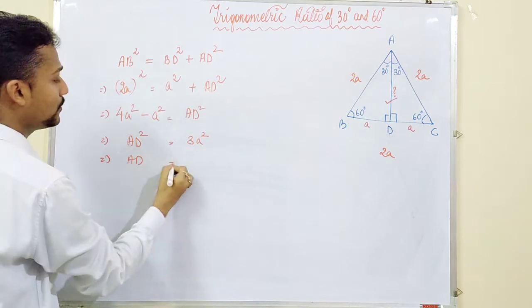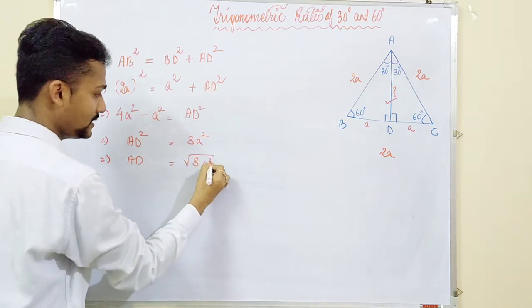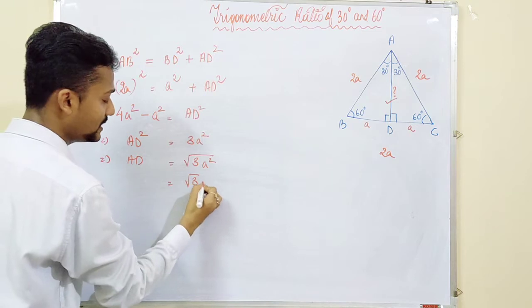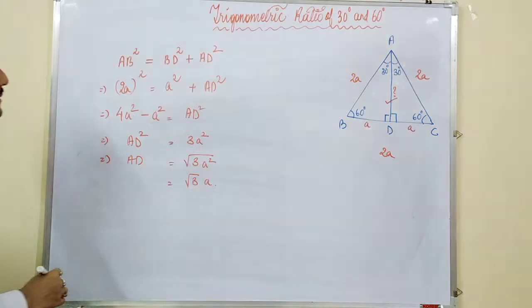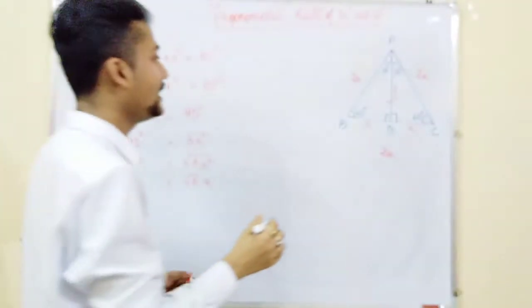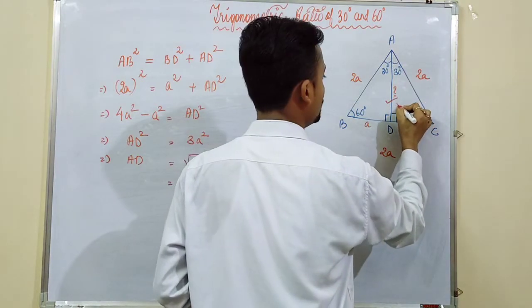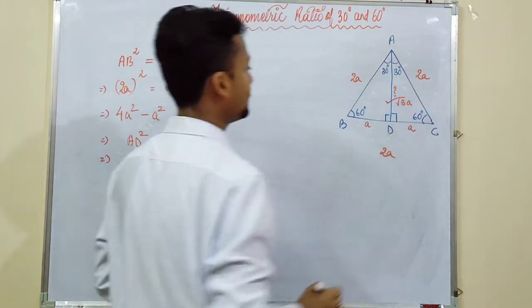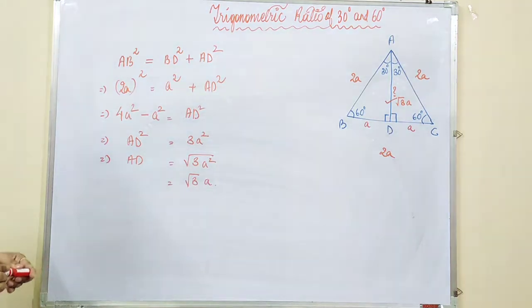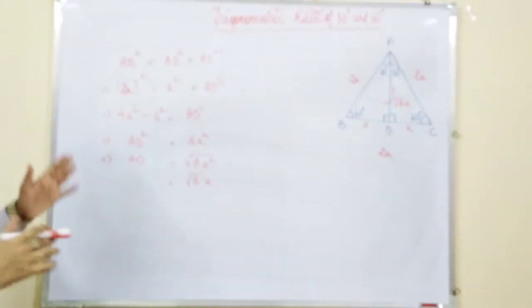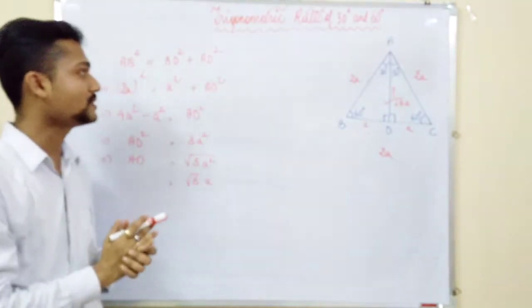Then AD will be equal to root over 3A squared, which is root 3 A. So we have got the value of AD as root 3 A. Clear till this much? Note it down till this much. Then we are going to move on to the next part of this question.